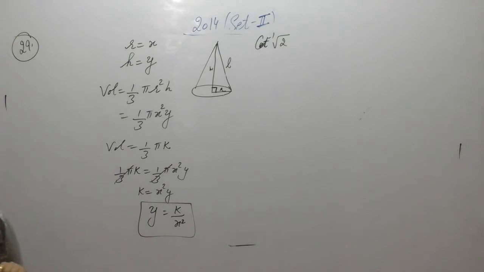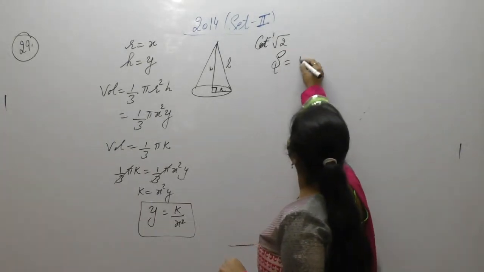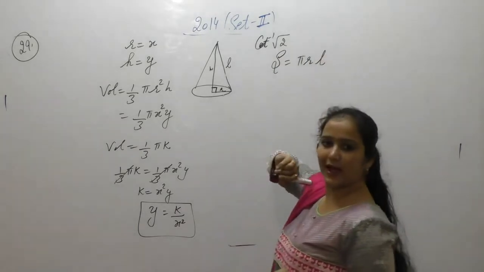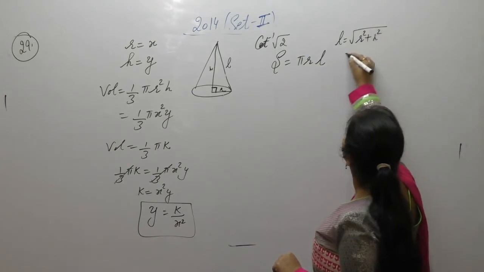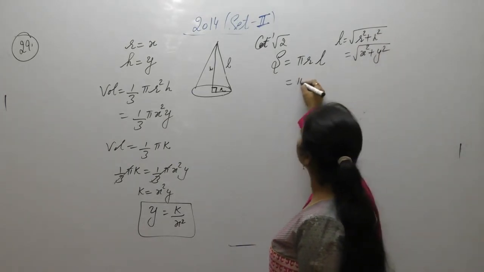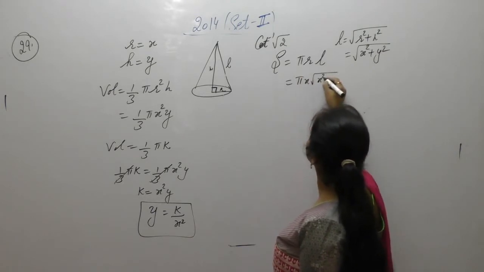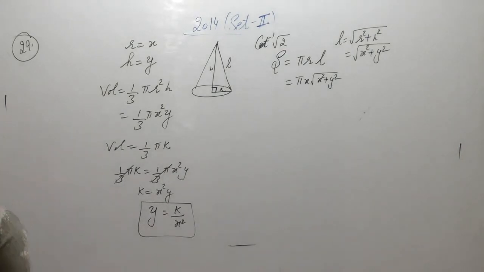Now it is given that the curved surface area is least. What is the surface area of the cone? That is pi r l, where l is square root of r square plus h square. Here r is x and height is y, so it is pi x times square root of x square plus y square.